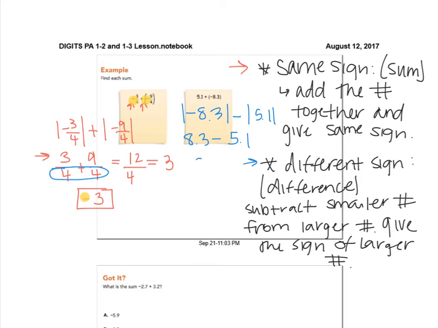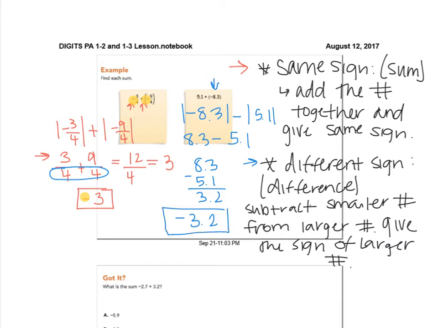So I'm going to rewrite this so they're on top of each other. So 3 minus 1 would be 2, and 8 minus 5 would be 3. But since our bigger number, our larger number, was actually negative, our answer is going to be negative 3.2.